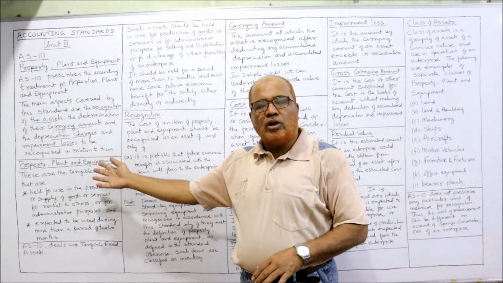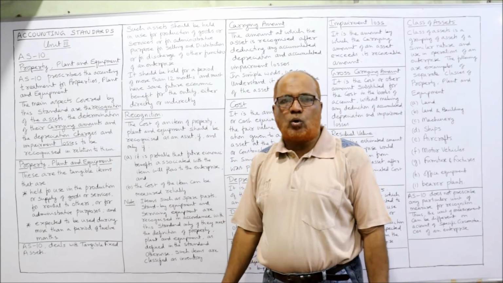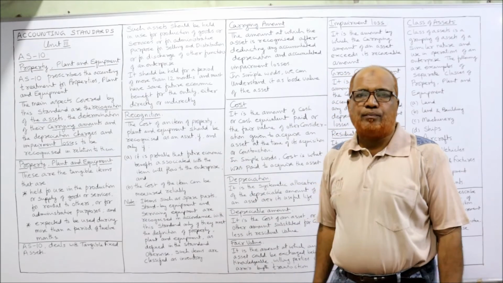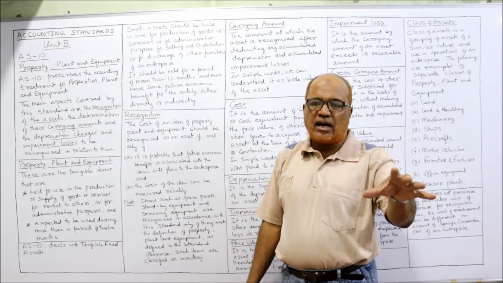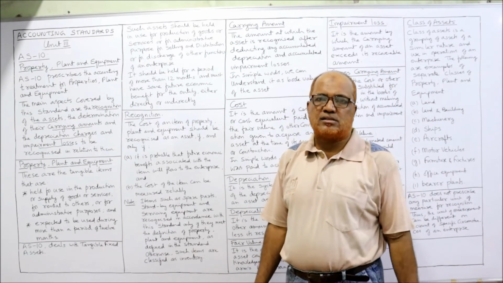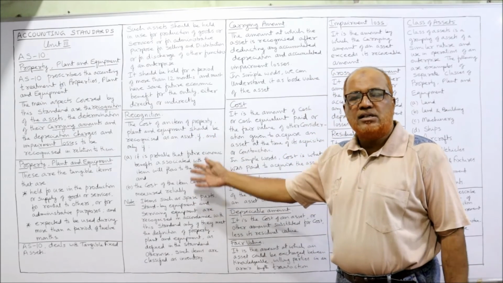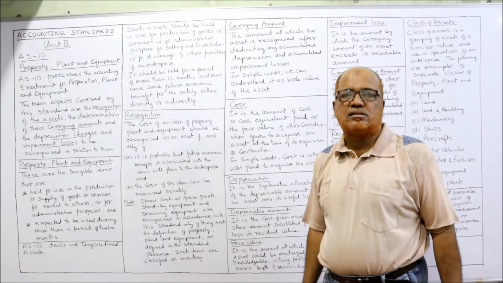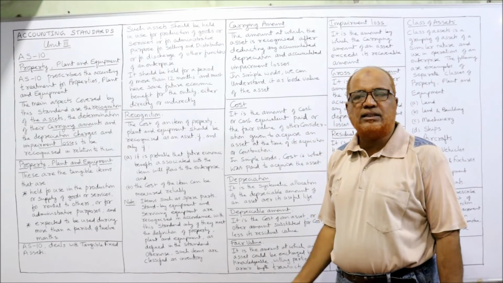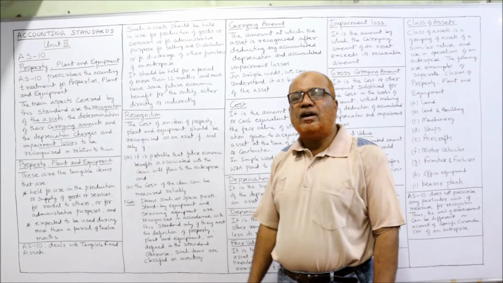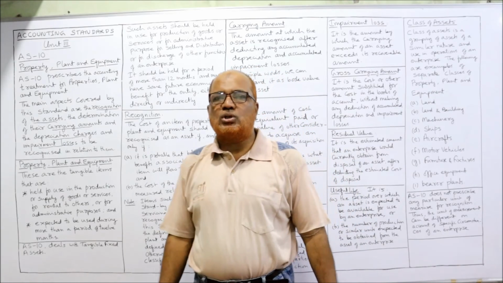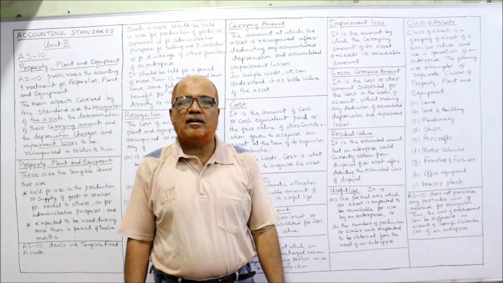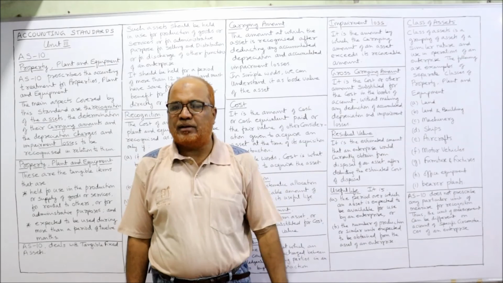Then I have explained what you mean by property, plant and equipment. Then recognition. Which items should be recognized and which items should not be recognized. Conditions are given. See whether if conditions are satisfied, it will be included in this accounting standard, otherwise not. Then different terms which are used in this accounting standard 10, those terms I have explained.